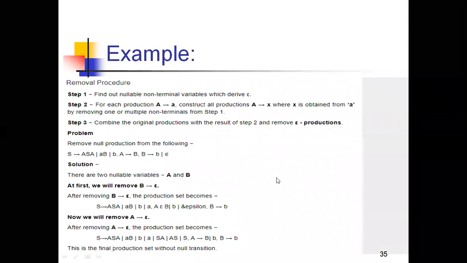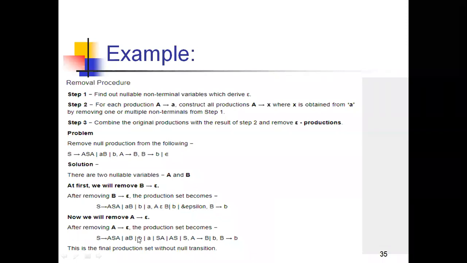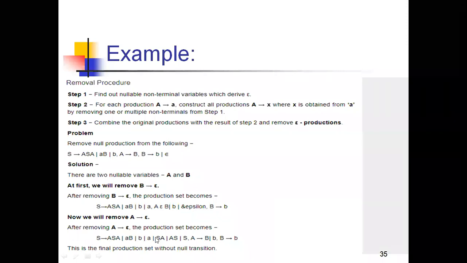Right? Is it clear? In such a way, by applying all the three steps, you need to get the reduced grammar. This is a reduced grammar. By reducing the nullables, the final production set without null production is this, the finalized grammar that we're having here.